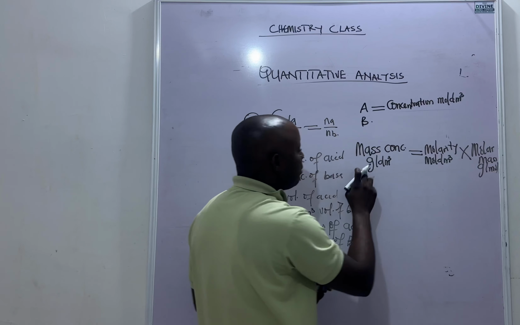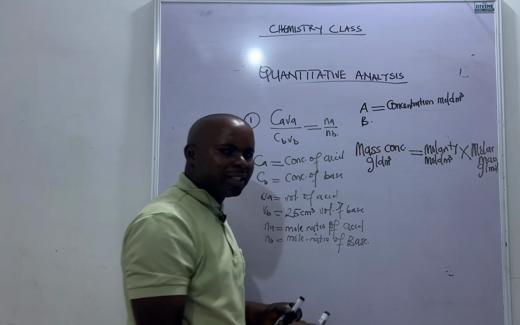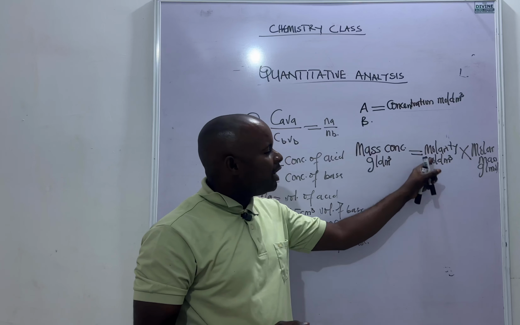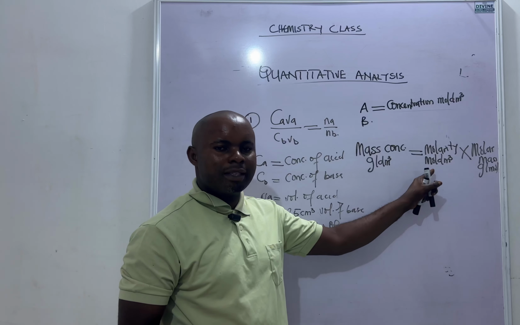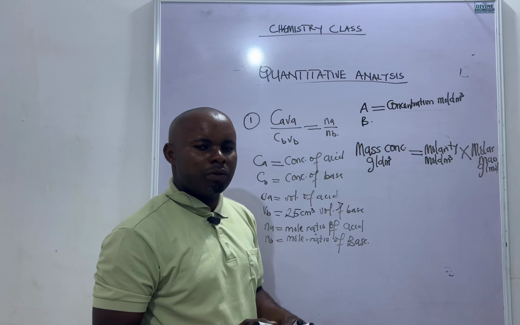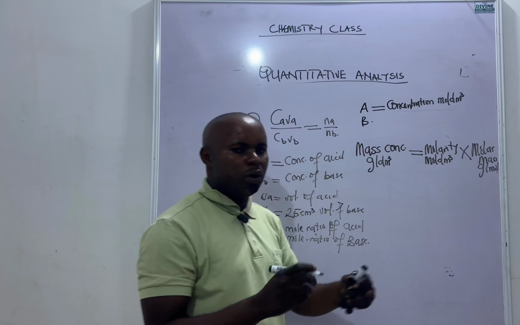So we define mass concentration as the amount of substance in gram that is in 1 dm cube. The molarity is the mole of a substance that is dissolved in 1 dm cube as well. And the gram per mole is the molar mass, the mass of 1 mole of a substance.